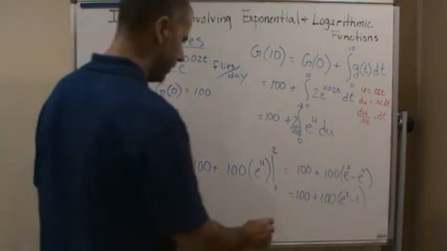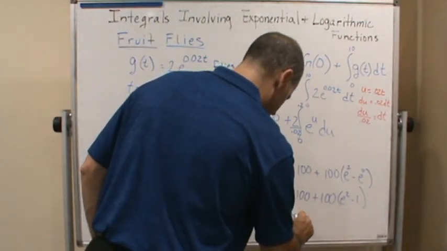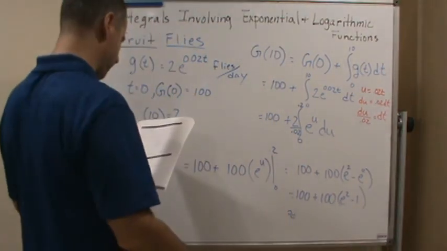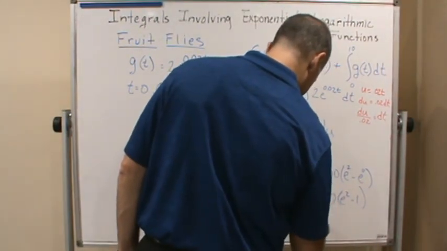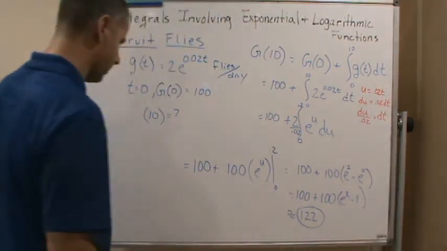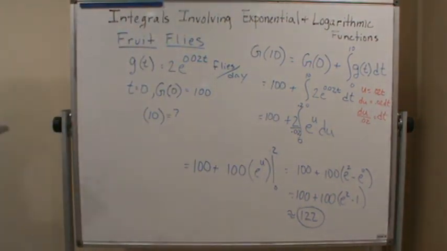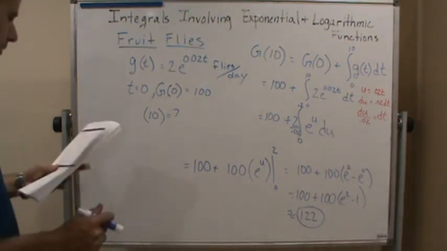If you put it in your calculator, you would get approximately 122 fruit flies. Okay, that's it.